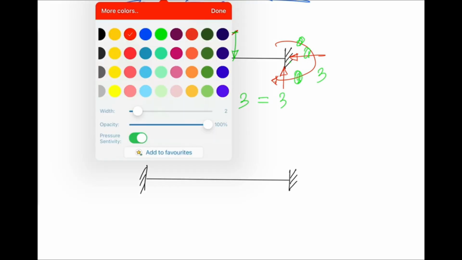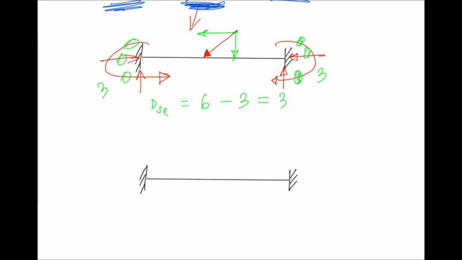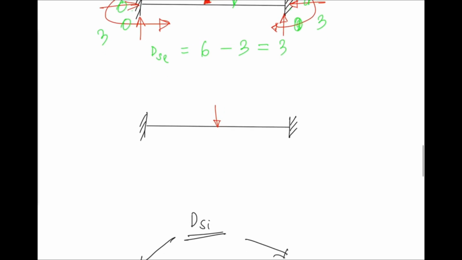But consider this situation. If you have a vertical load like this, what will the reactions be? You can see that there is no horizontal component for the load. That's why no horizontal reaction will develop. So you will only have vertical reactions on both sides and the moment.